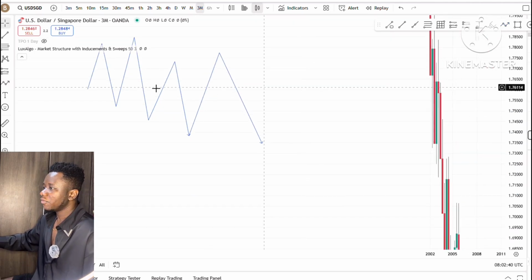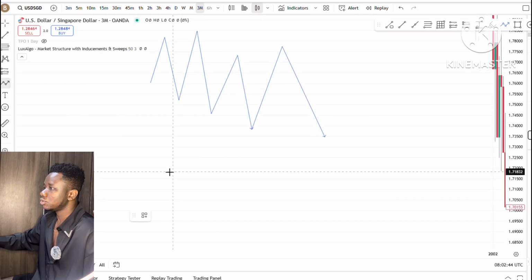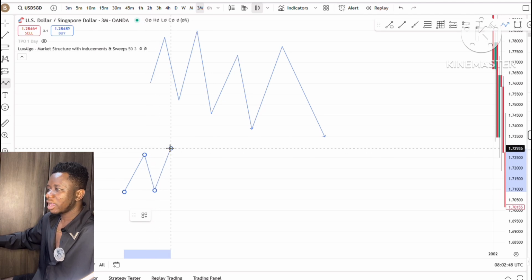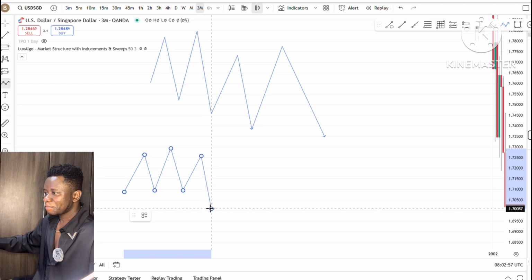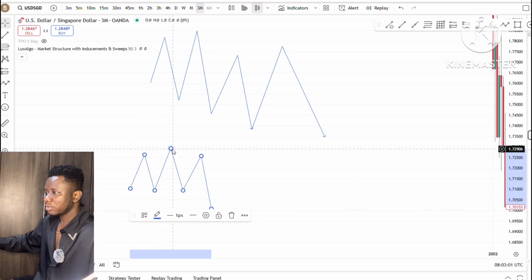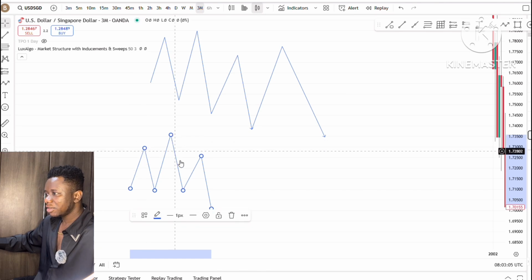So this is what I'm looking for. This is type 1. This is type 2. A high, a sweep of the high, structural liquidity, which is the engineered liquidity, and then a sweep. So this is what I'm looking for whenever I come to my TradingView.